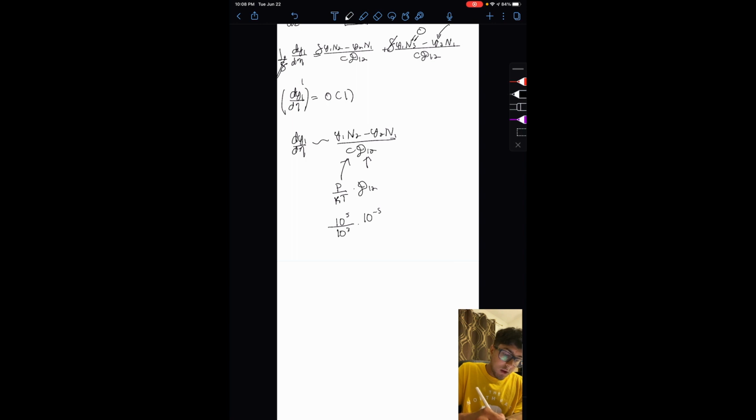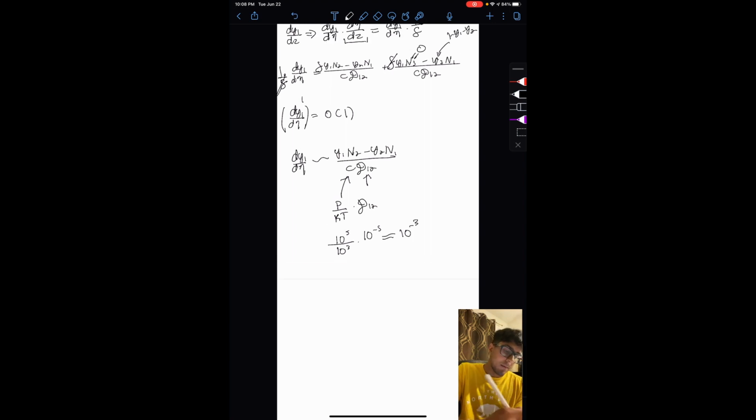So the inverse is 10 to the minus 3. And we know the order of magnitude for the mole fractions y1 and y2 is 1. We know this is approximately 10 to the minus third, and this is approximately 10 to the minus third. We get 1 is approximately equal to 1.